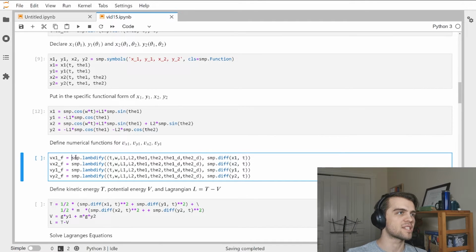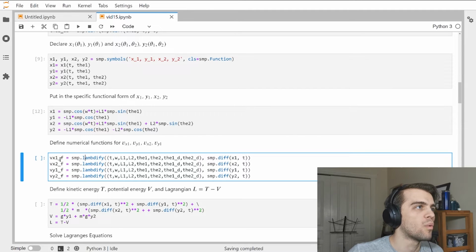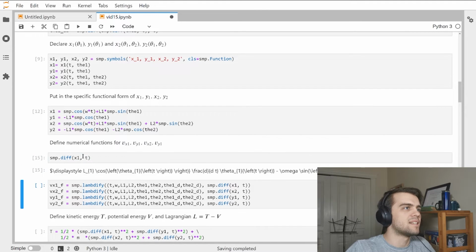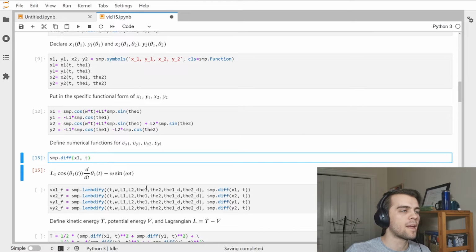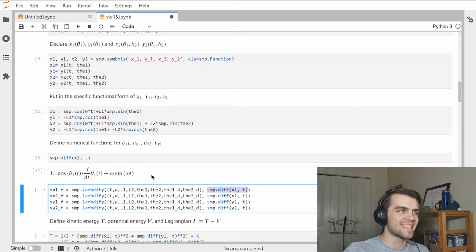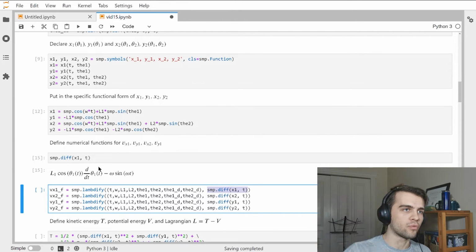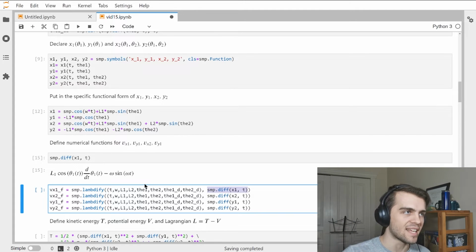So for that, I have to use the Sympy lambdify function. And of course, this is the velocity, right? I just differentiate x1 with respect to time. And so in this lambdify function, on the right-hand side, this is the Sympy quantity. It's the thing that I want to turn into a numerical function. And then you have to ask yourself, what arguments does that take in?